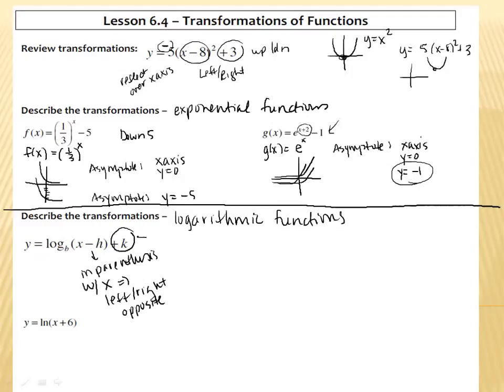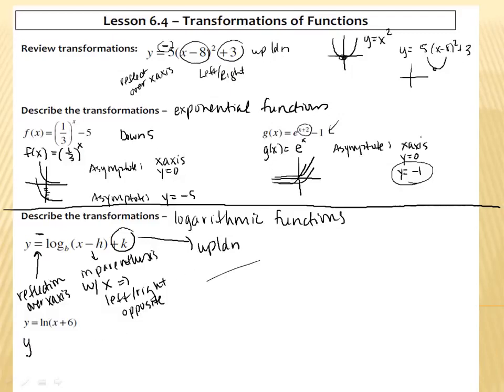The number at the end tells you whether you go up or down. And then if there was a negative out front, that would be a reflection over the x-axis. So those are the exact same rules that you were taught in Chapter 1, the exact same rules that you were retaught in Chapter 2, and the exact same rules we talked about up here.